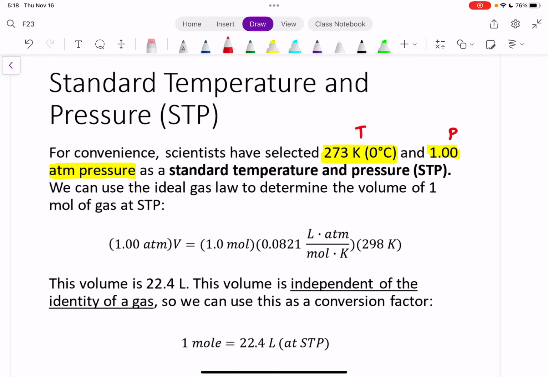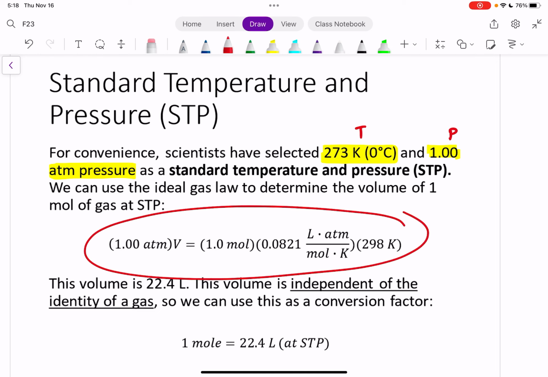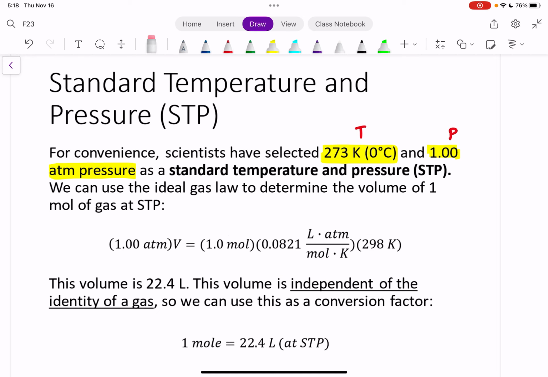And then you can also use the ideal gas law to determine the volume of 1 mole of gas at STP. And when you plug in all of those numbers, assuming you've got 1 mole of gas, your standard temperature and pressure is 1 atm and 298 Kelvin, and then we've got our gas constant, our R value there. When we plug in all those values, what we find is that the volume we get for our gas, we're solving for volume, is 22.4 liters.